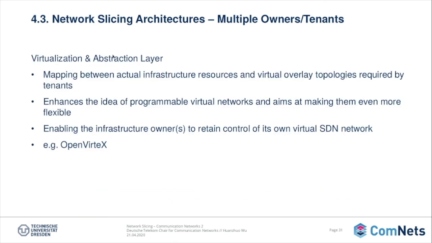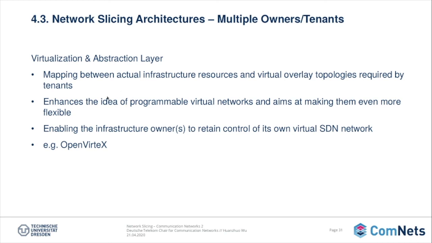The virtualization and abstraction layer sits in between the physical infrastructure resources and the virtual network controllers. It allows creating isolated virtual networks with the topology specified by tenants. Also, it allows using any controller or network operating system.